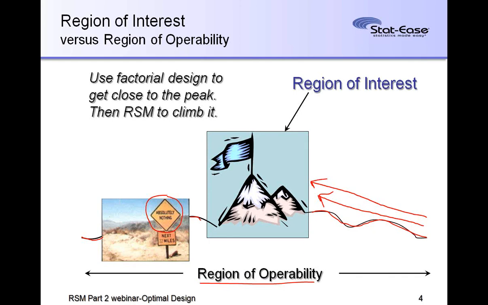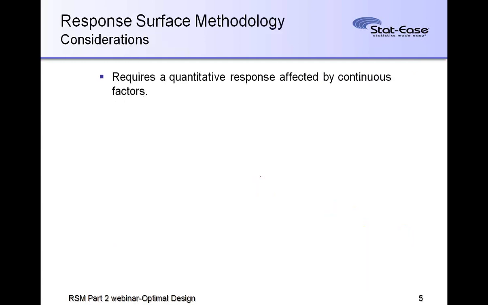Then with RSM you can actually fit those peaks or valleys. So you start using a quadratic model here. As you can see, that's a parabola. You could fit a peak with just one parabola, a quadratic model. And that's what we want to do, is narrow down into that one peak and then use RSM.